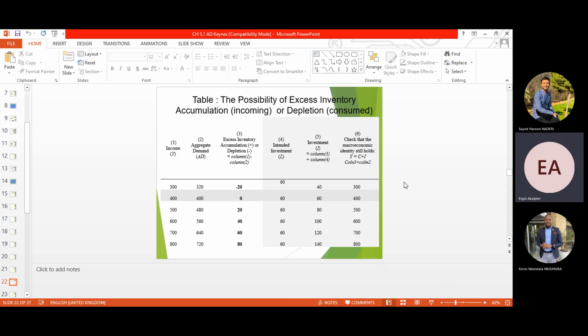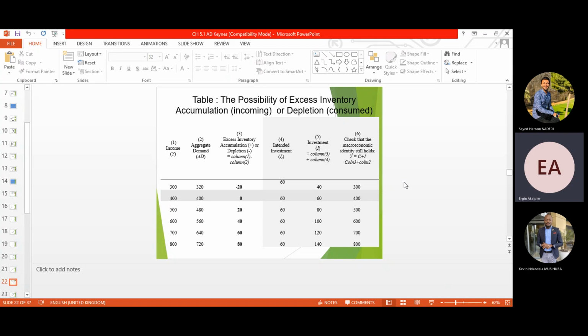There is no difference between the income and the aggregate demand, but only at 400 is it realized; the aggregate demand is not going to become equal to the output in the other income levels.